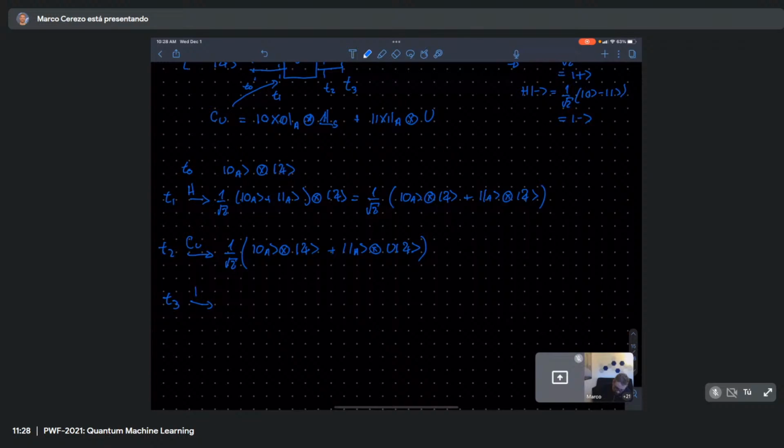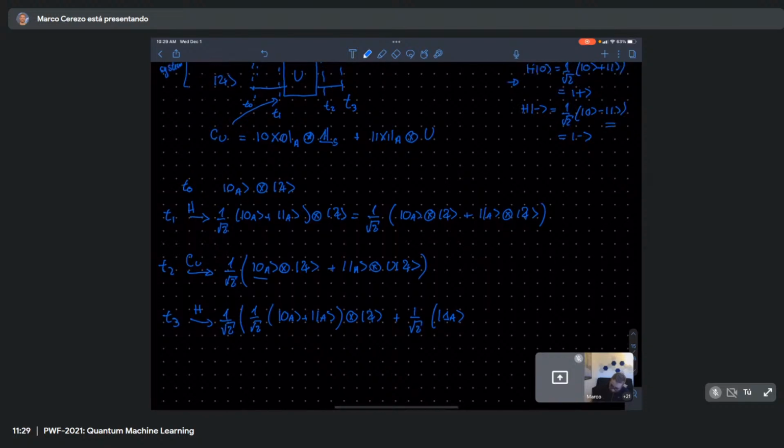So here we have another Hadamard, and the Hadamard is acting on the ancilla qubit, right? So first, the Hadamard is going to act on the 0. We know what happens again. We get 1 over square root of 2, 0 on A plus 1 on A, and this is tensor psi. And the second term, whenever our ancilla was in 1, we know what it does because it's right here.